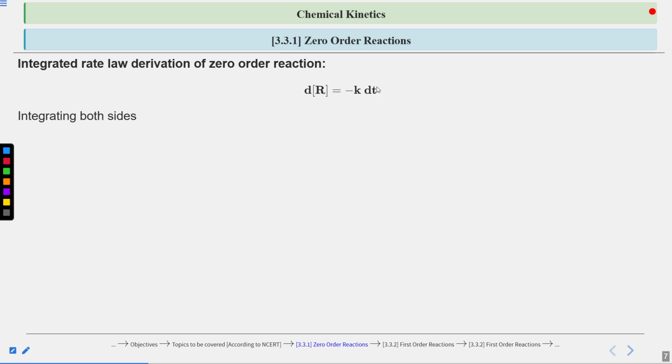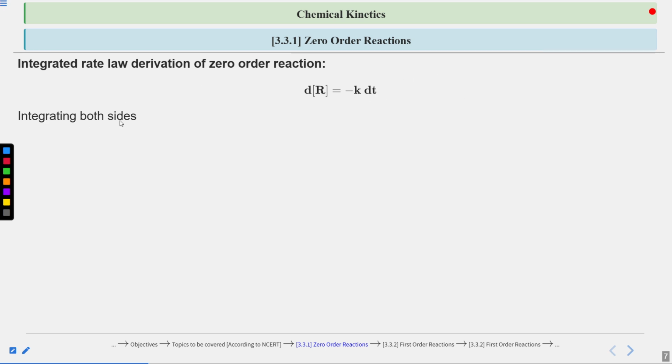Both sides have a changing quantity. Other than that, if you take the integration of a constant term like k, it will remain that constant.